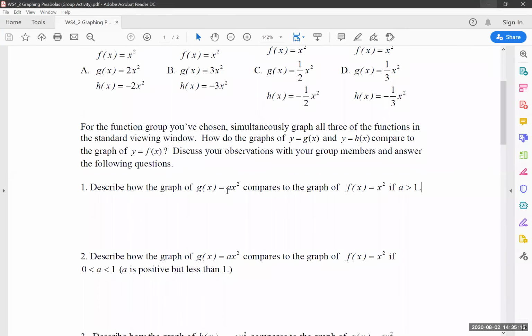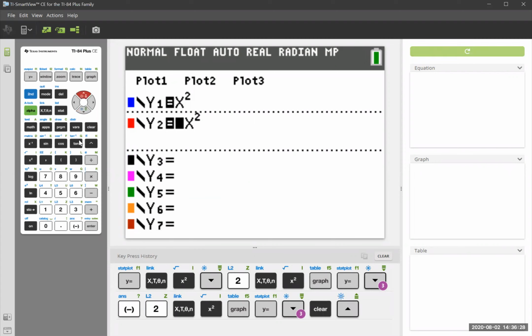So instead of a positive 2, we're going to work with a positive 1/2 for our function g of x. So let's hop back over to our calculator. Go into our y equals screen. I am going to clear out my third line because I don't need that right now. And for our second line, I'm just going to overwrite this.